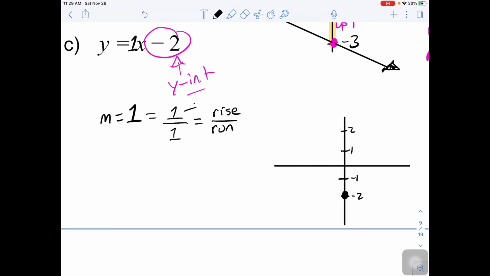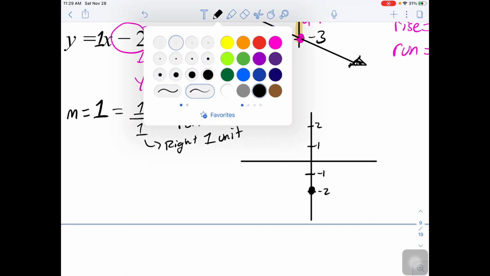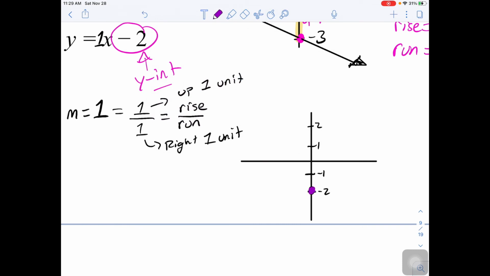So here, this is up 1 unit, and this is right 1 unit. So now we can use our point that we've plotted, our y-intercept, and start graphing this. So we're going to go over 1, 2, 3, -1, -2, -3.